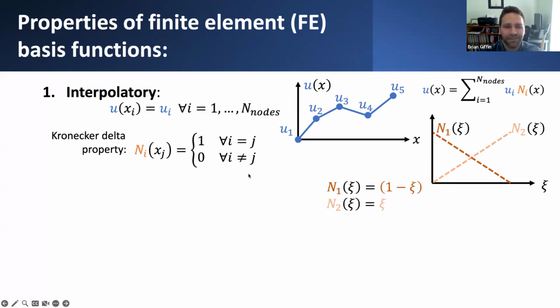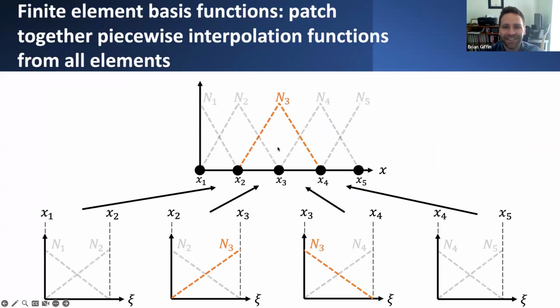The other nice aside, I guess you could call this a corollary or a follow-on, a consequence of this interpolation property, is that these basis functions actually satisfy this so-called Kronecker delta property. It's really a statement that each of my corresponding basis functions has to be equal to 1 at the location where I have a particular node defined. So for basis function number 3, let's say, associated with node 3, it might be easier to visualize in this example.